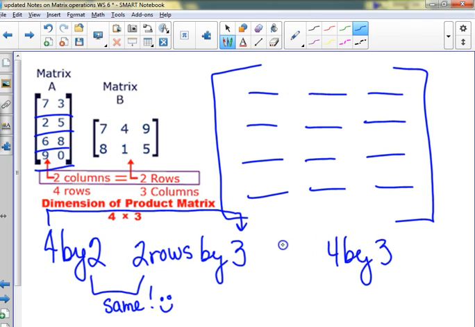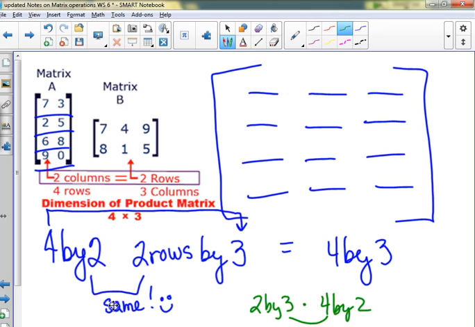By the way, I'm going to take a commercial break here. If I switch this around and put this one first in front of that one, is it going to work? Can I do a 2 by 3 by a 4 by 2? Nope, these aren't the same. Does anybody remember what the word is in math when you can switch the order?